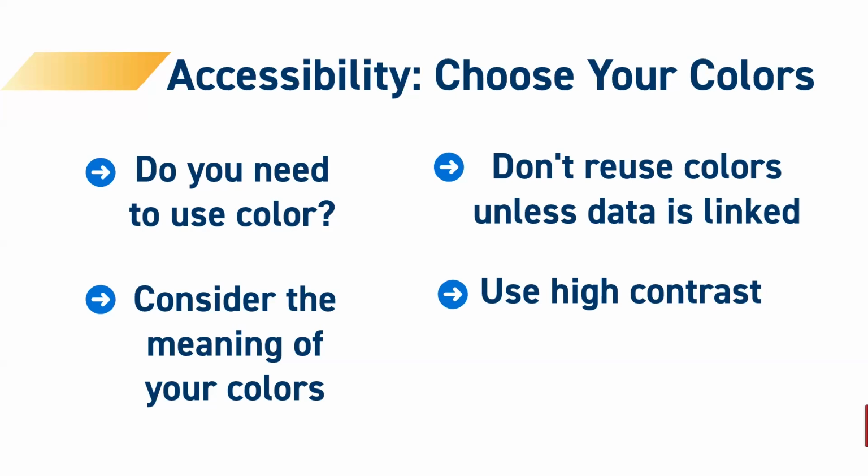Colors. I think we all get really excited when choosing colors. One of the things that you'll want to think about first is whether you even need to use color in your data visualization. If you are creating a bar graph of the number of faculty and staff members who attended Professional Development Day over the last 5 years, you probably don't need to make every bar in your graph a different color of the rainbow.